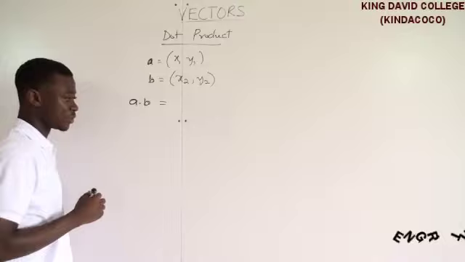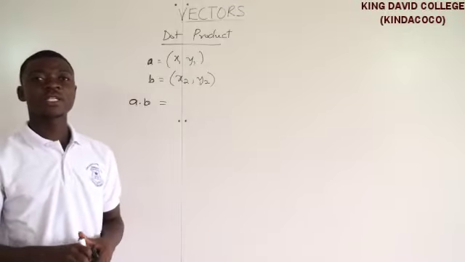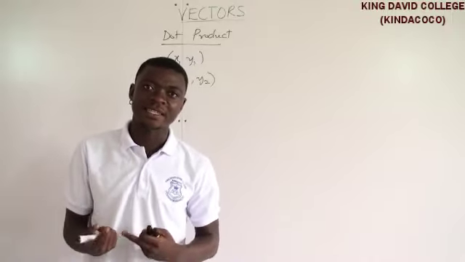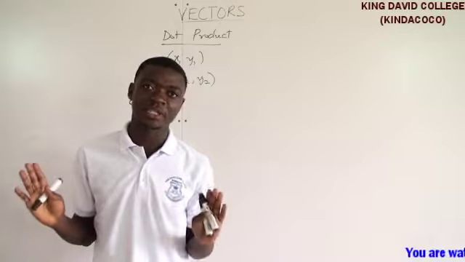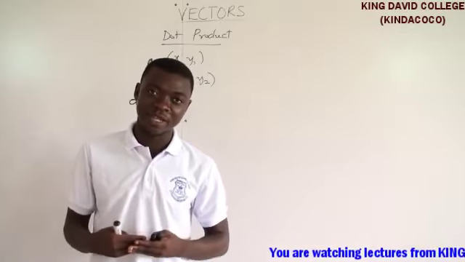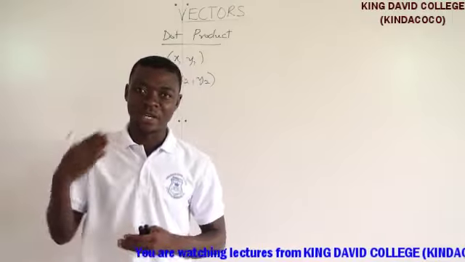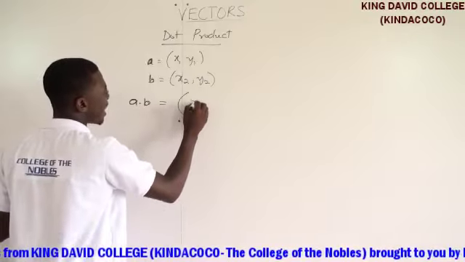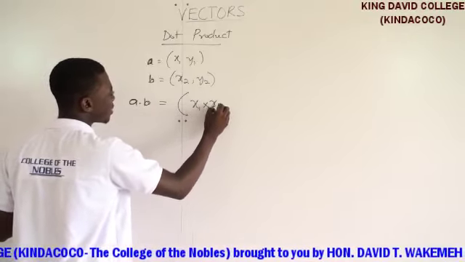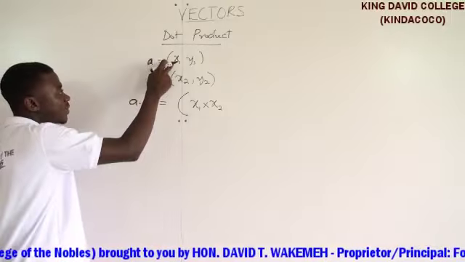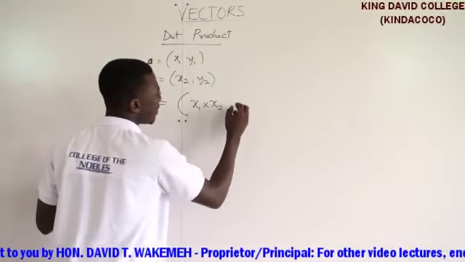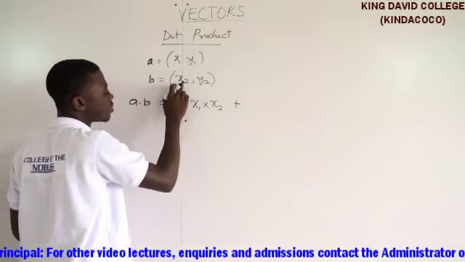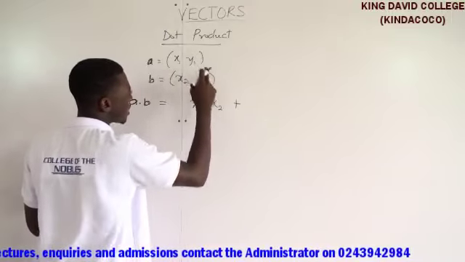Then this is equal to: you are going to multiply the x values plus the multiplication of the y values. That's it. So with the dot product, this is going to be x1 times x2, then plus, there is no bracket, y1 times y2.